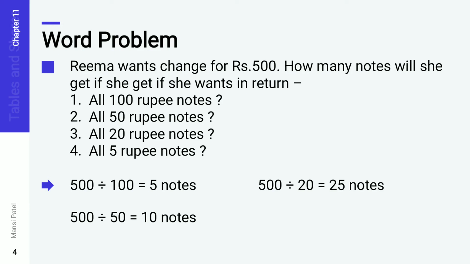Now your another question is, if all the notes are of rupees 5, then do the division. 500 divided by 5. How many notes are there? 100 notes are there. So we can say that 100 notes of rupees 5 make rupees 500.